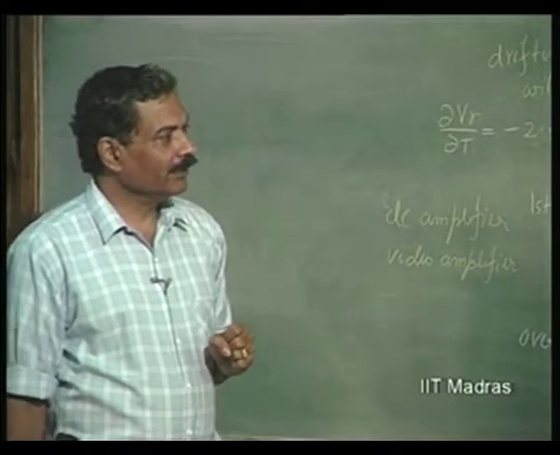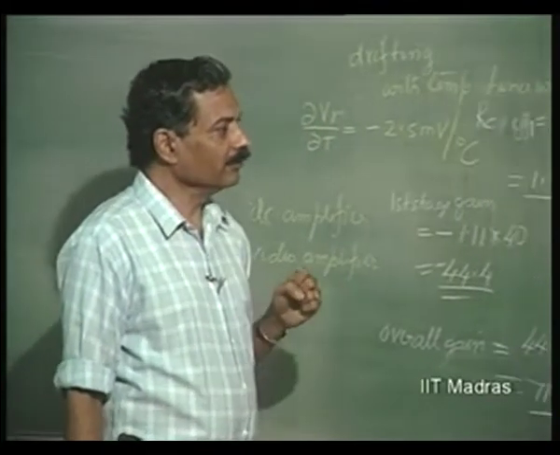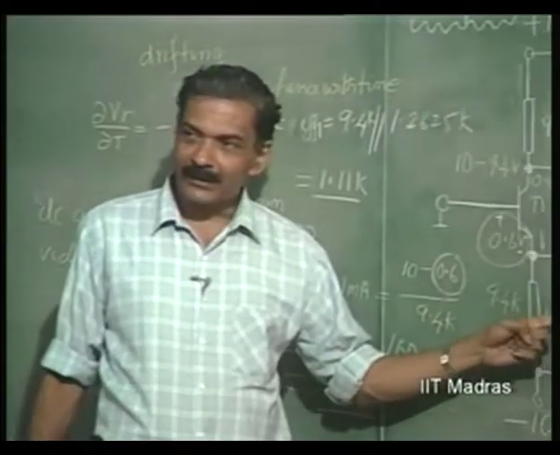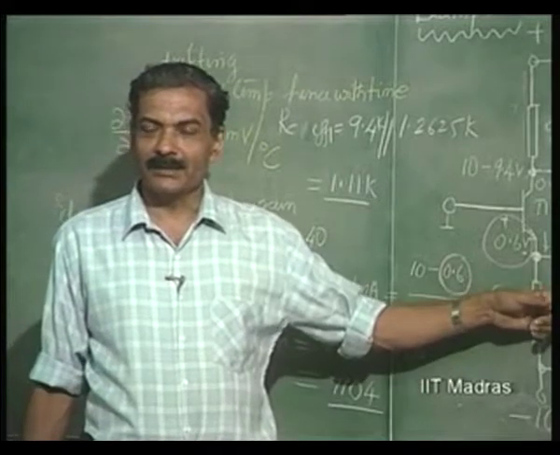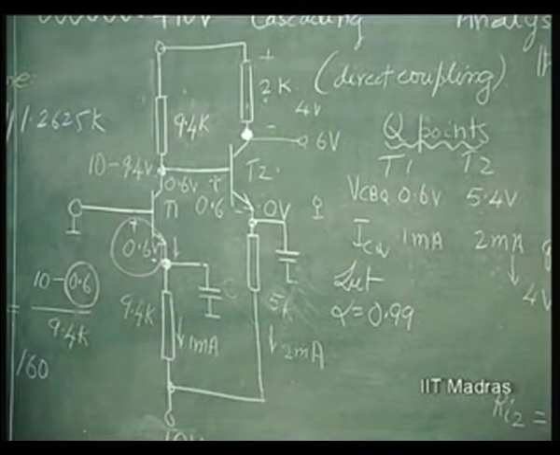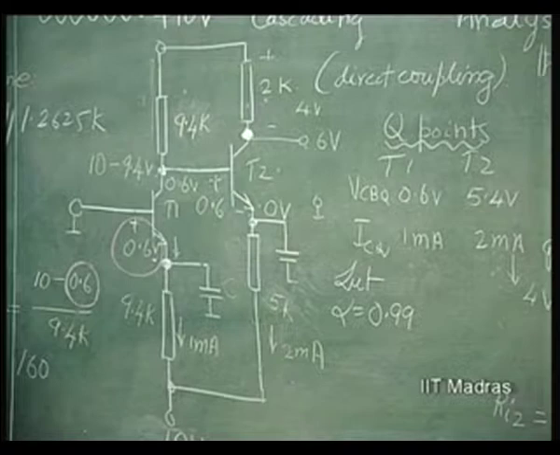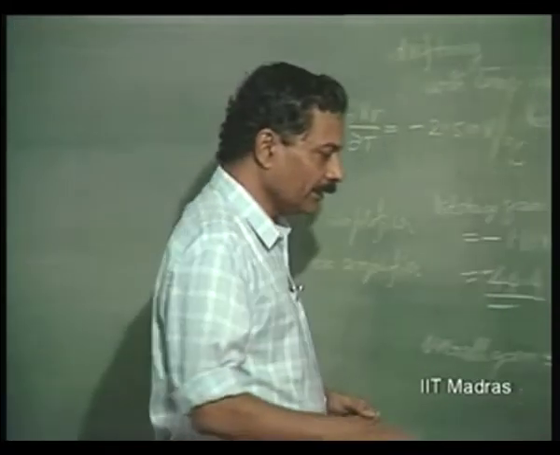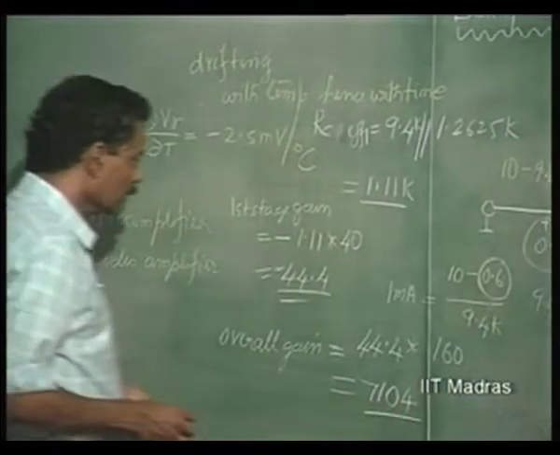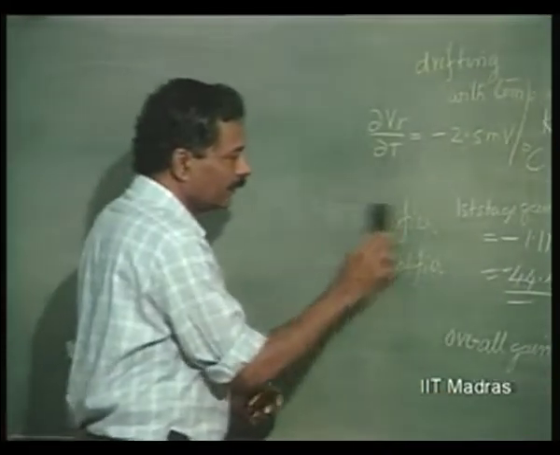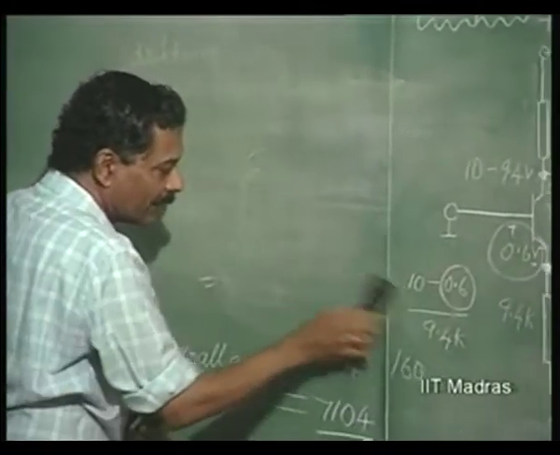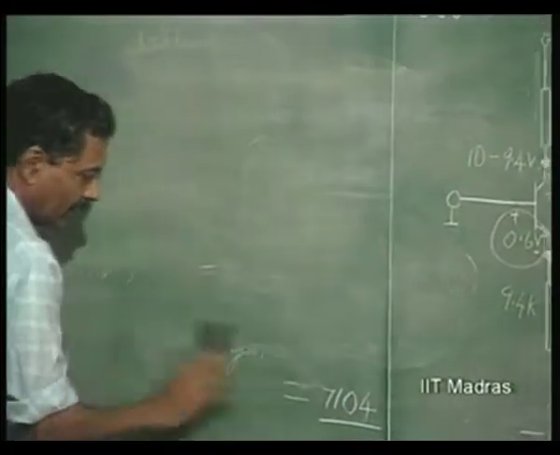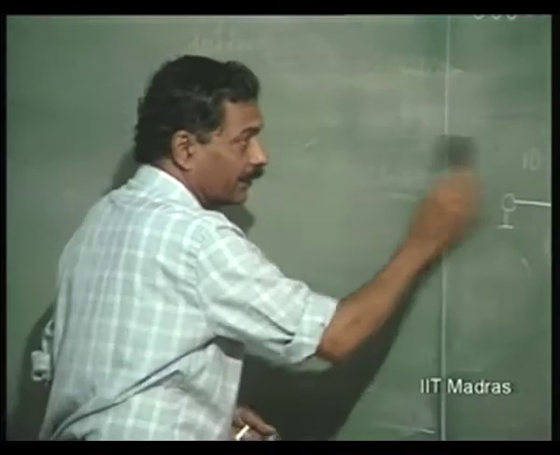That is why today we will discuss how we can get rid of the capacitor, and how by getting rid of this bypass capacitor, we have also solved the problem of what? Drift. So, this lecture is an important introductory lecture to IC amplifiers, or for that matter differential amplifiers or operational amplifiers, all these categories.